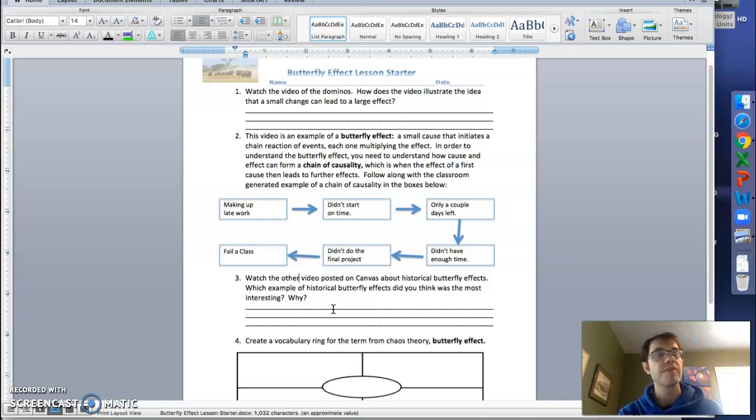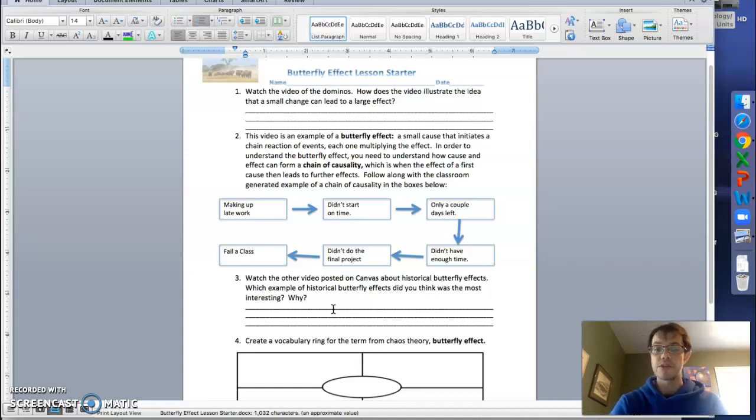The guy who invented popsicles, he accidentally left a drink out on his porch overnight, and it froze with the mixer inside, and boom, the next day he had a popsicle. So there are all sorts of different butterfly effects that are peppered throughout history and throughout your own life.